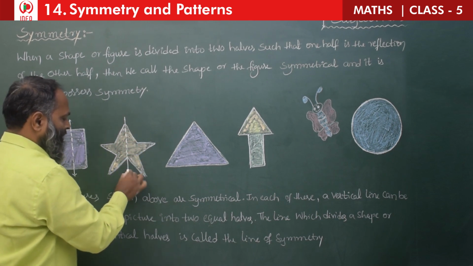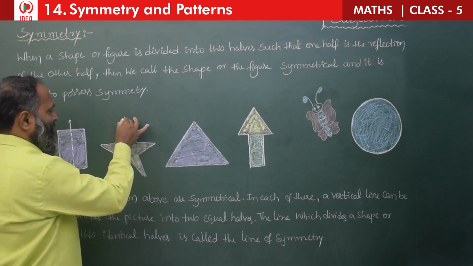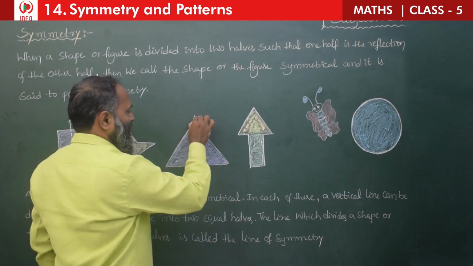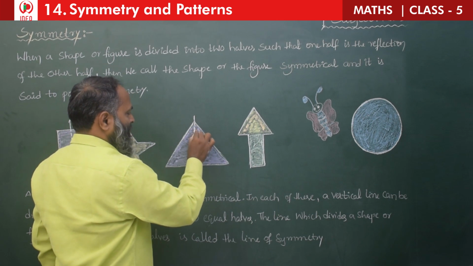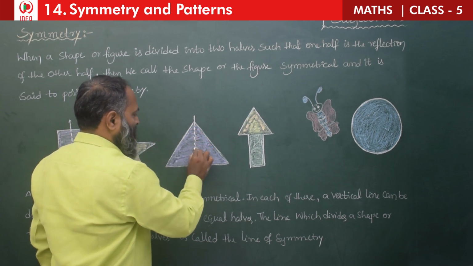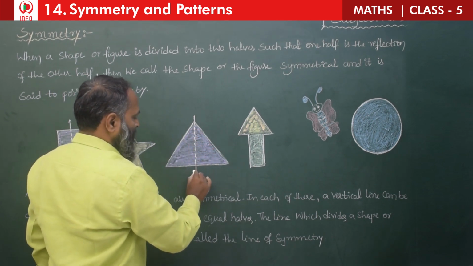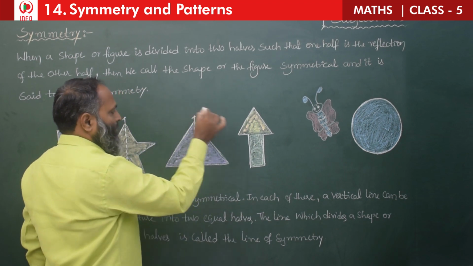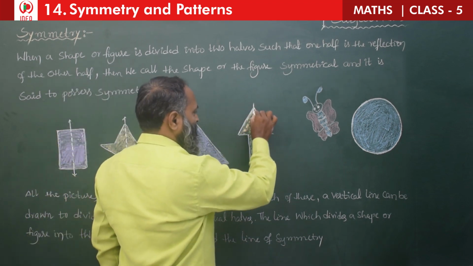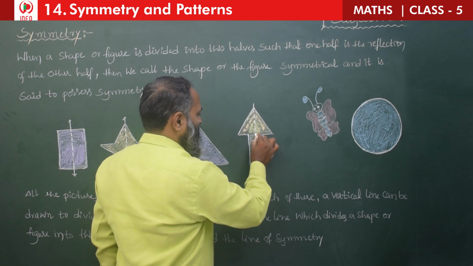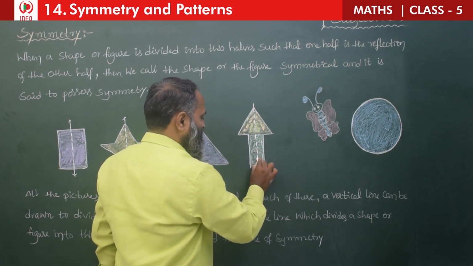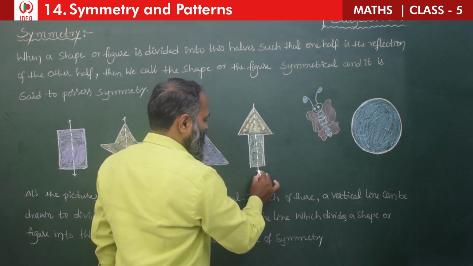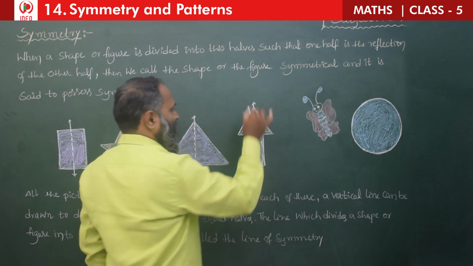From here also, if you draw a vertical line, this also makes two equal halves.